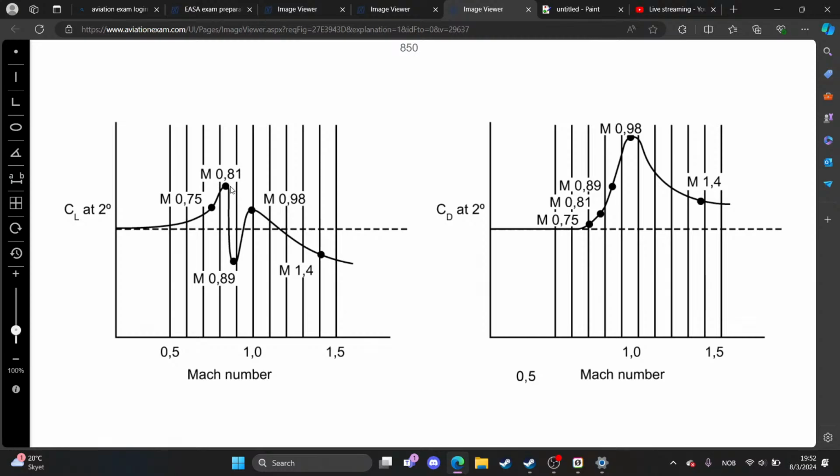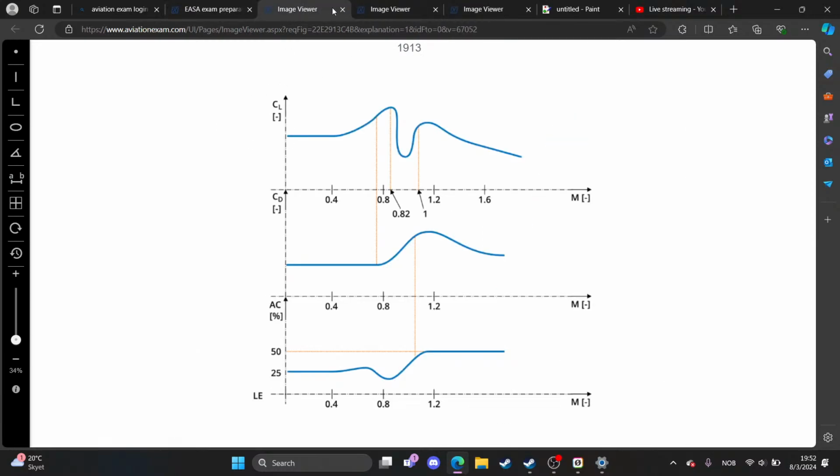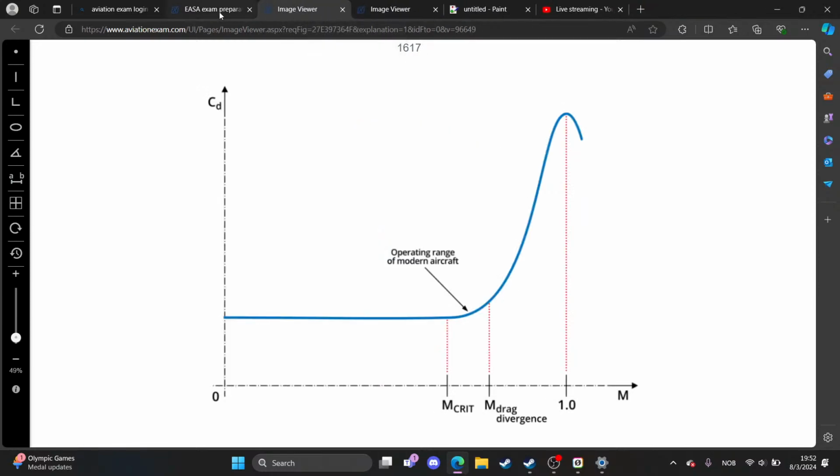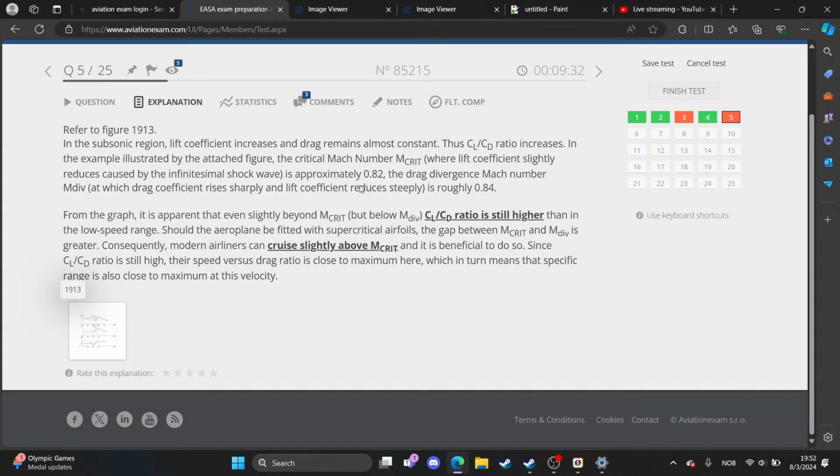Coefficient of lift will increase, yes. Here we go. Decrease and then increase again. Lift increases and the drag remains almost constant, thus CL and CD increase.